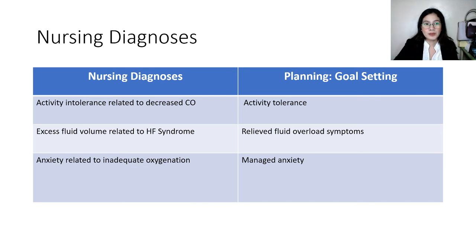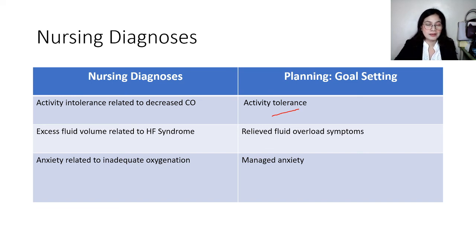Now, into the nursing process, based on your assessment, considering the risk factors, findings, and clinical manifestations. One of the nursing diagnoses is activity intolerance related to decreased cardiac output, with the goal of the patient being able to do activities, that there will be activity tolerance already.